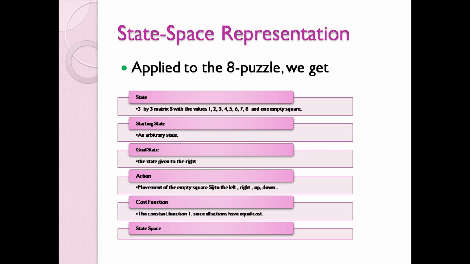The cost function: if I want to specify a cost, I can include cost as in the traveling salesman problem, but here I can just fix a constant cost for every action, like 1 or C or whatever. It is going to be a constant only.